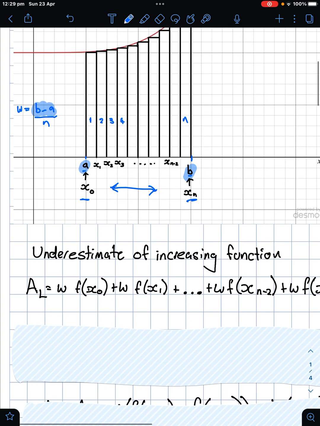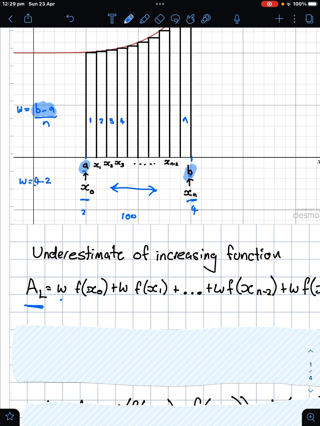Now, each rectangle here, for the underestimate area lower, has a width given by B minus A over n. If this was like 2 and 4 and we're breaking it up into 100 intervals, the width would be 4 minus 2 over 100, which would equal 2 over 100.